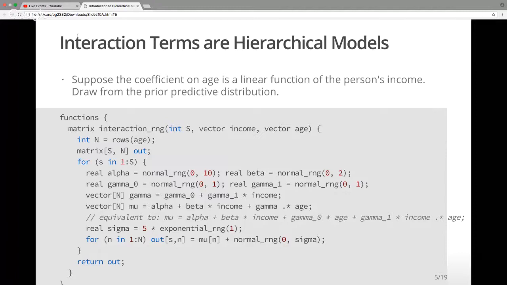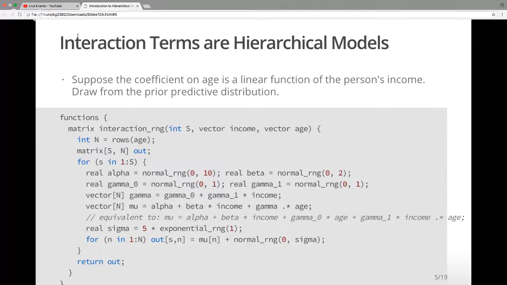And so basically you have a linear model within a linear model. Gamma is a linear function of income with an intercept and a slope. And this gamma in turn is the slope for the age predictor in this model.